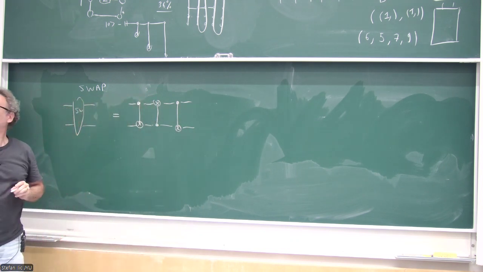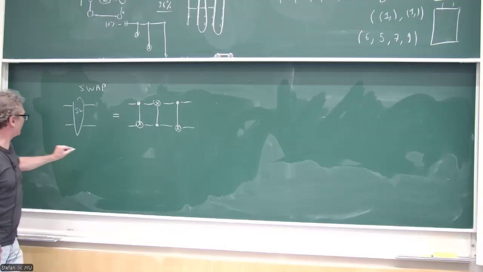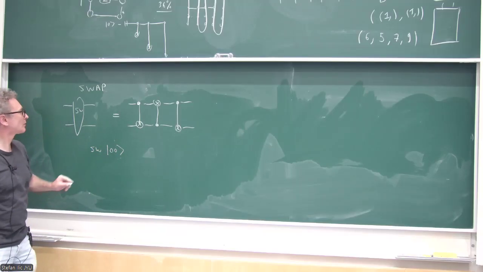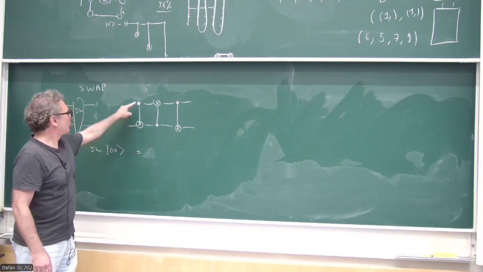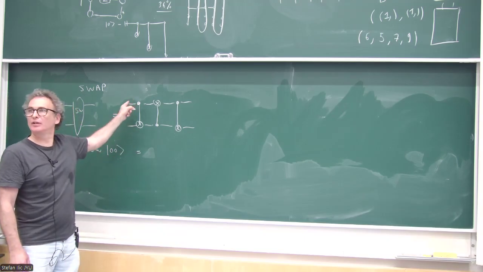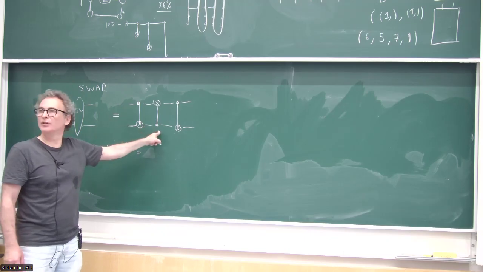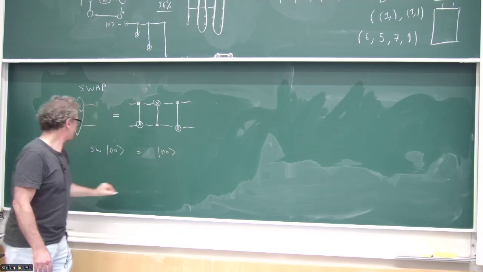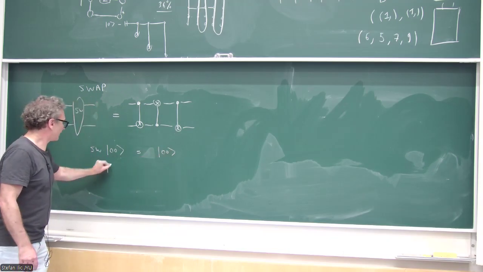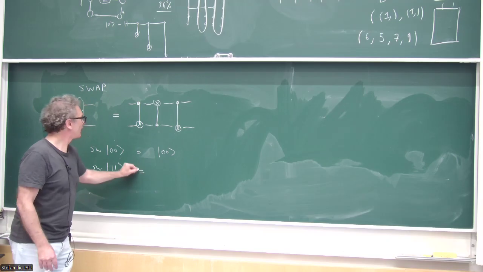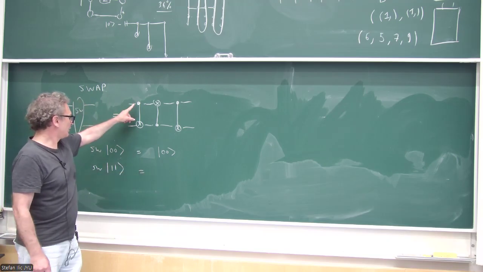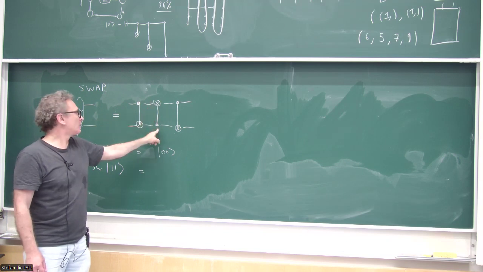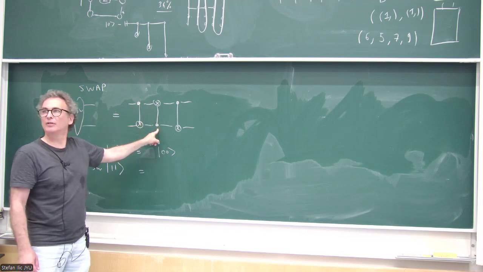So let's look at it. If I start from 0, 0, the first thing does nothing because when the control is 0, it does nothing. Then the second one does nothing either, and the last one does nothing either. So this is 0, 0. I start from 1, 1. Now this one is going to go to 1, 0. 0 is controlled now, so it does nothing.